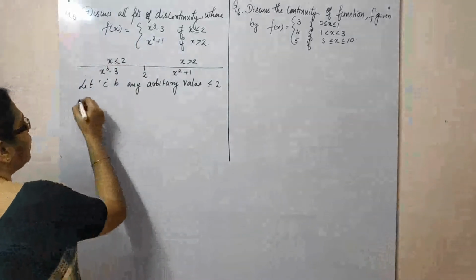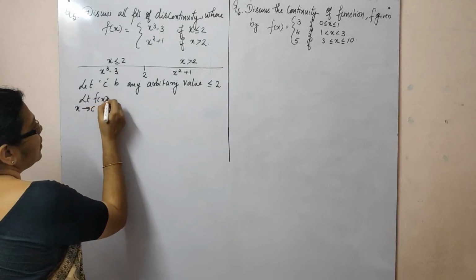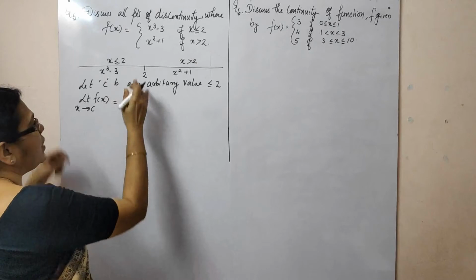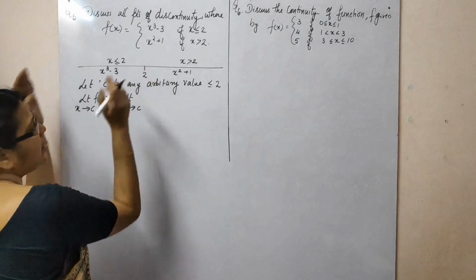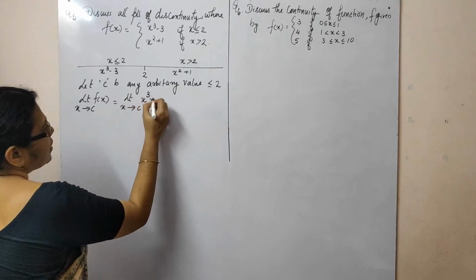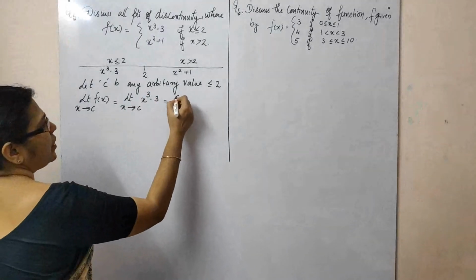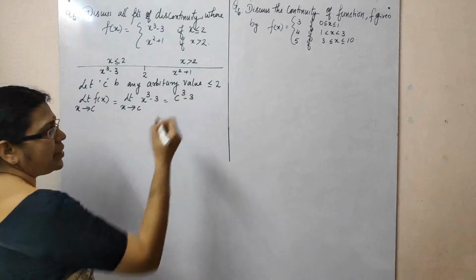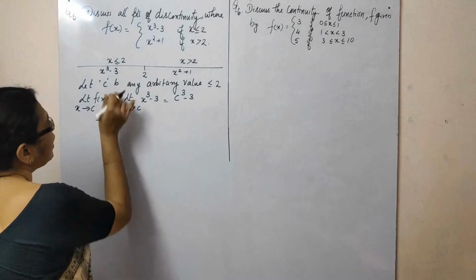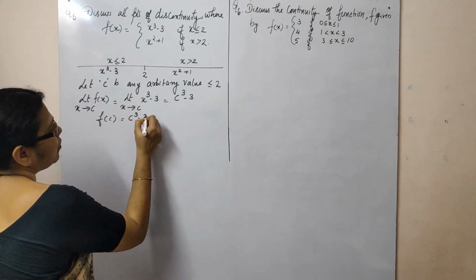So, limit x tends to C f of x, for any value lying inside this interval, the function's value is x cube minus 3. As x tends to C, this becomes C cube minus 3. What about f of C? For any value of C lying inside this interval, f of C is equal to C cube minus 3.